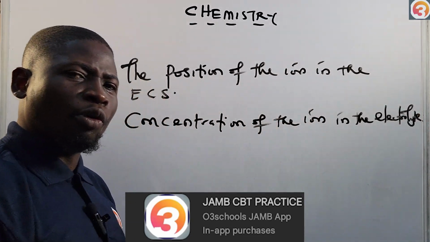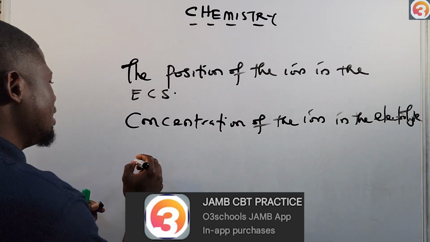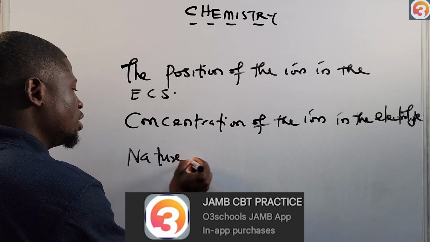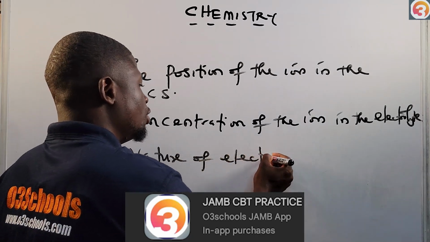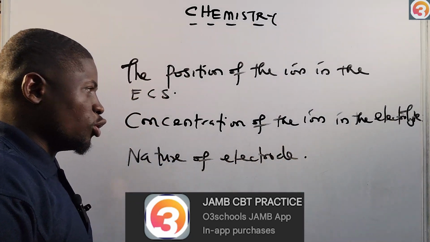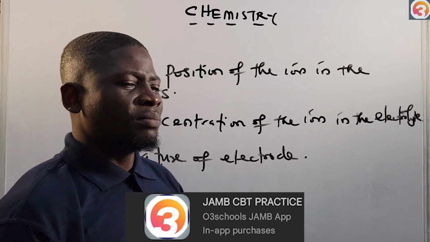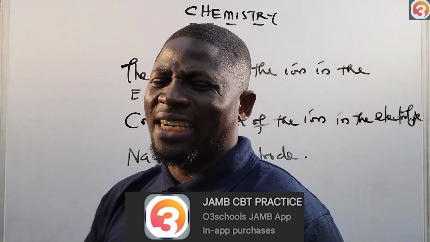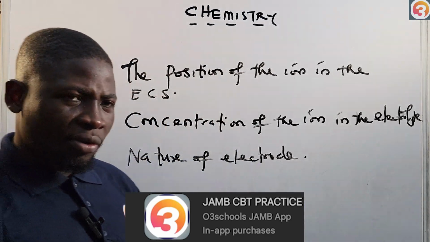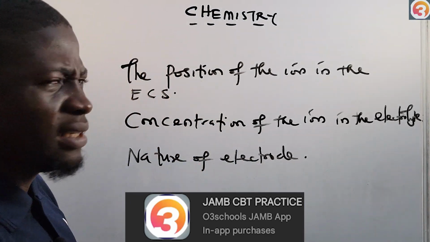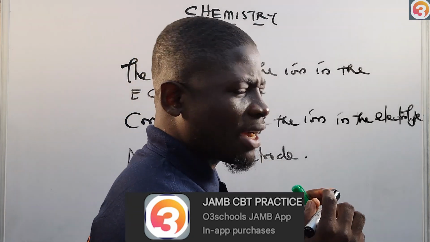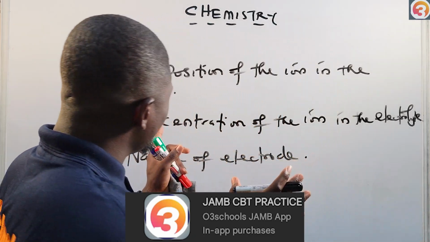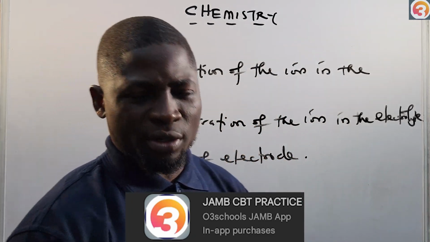And then we also spoke about the third factor, which is the nature of electrode used. These are the three factors that govern the preferential discharge of ions during electrolysis. Today in this episode, we are going to focus our attention only on the position of the ion in the electrochemical series.